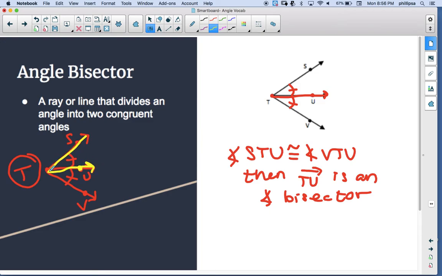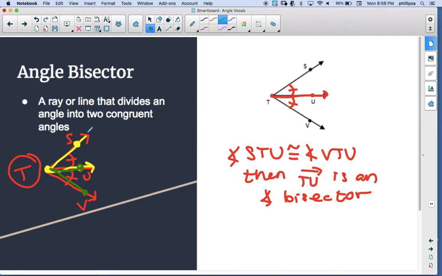You cannot refer to it as angle T despite the fact that that is a vertex. The reason being is because T, that vertex, belongs to more than one angle. So if you were to say angle T, I don't know if you're talking about STU. I don't know if you're talking about VTU.